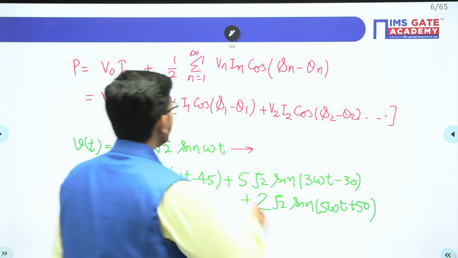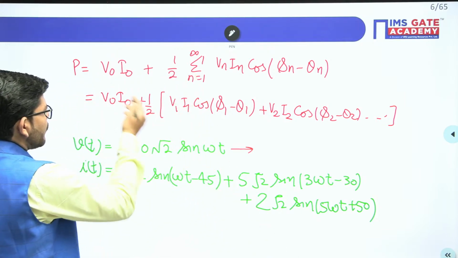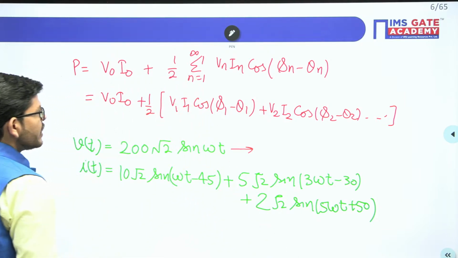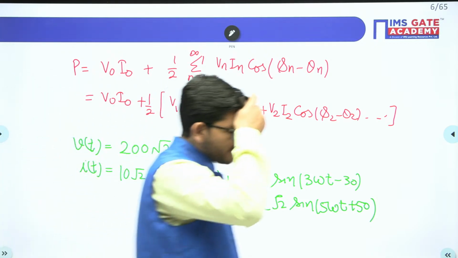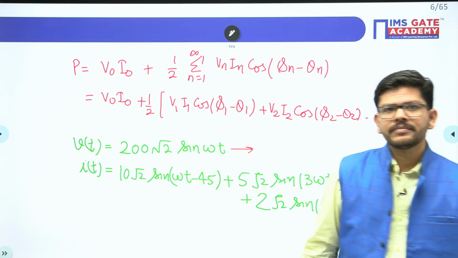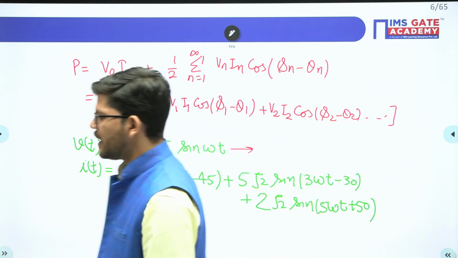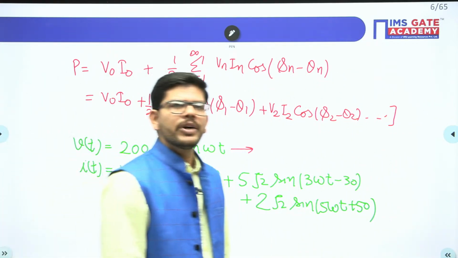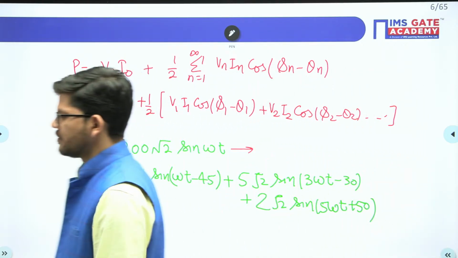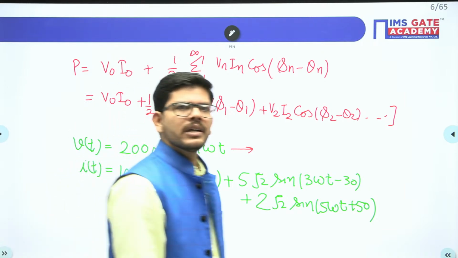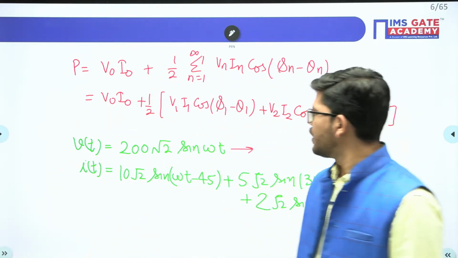So if you compare with this expression, what will be the power here, guys? Can you tell me what is going to be the power from here?